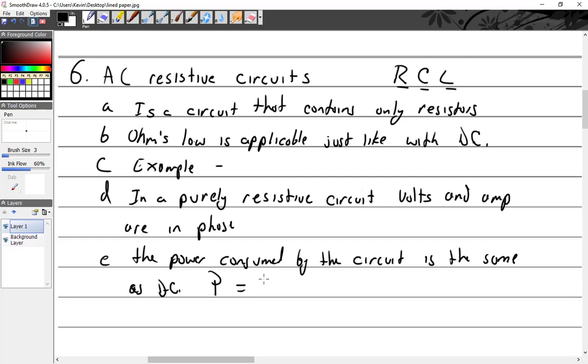P equals I times E. But we could look at it this way: power equals I RMS times E RMS. All right, then I have a simple equation, which we don't need to do, because you got that. And honestly, that's about all you need to know about a purely resistive circuit. It's just Ohm's law as you already know it, hopefully. Nothing changes. Volts and amps are in phase.